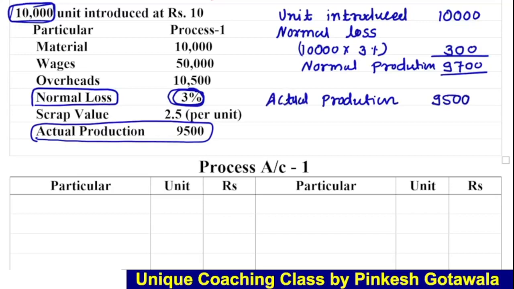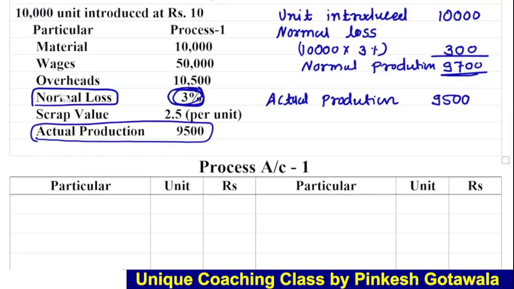So now you can think practically. Okay, normally we get 9,700 as per our calculation, because if we introduce 10,000 units we know that 3% will be loss, so we must get 9,700. It must be our normally આપણે આટલું production મળવું જોઈએ, but we get only 9,500. So here we get 200 units less, so it will be called abnormal loss.